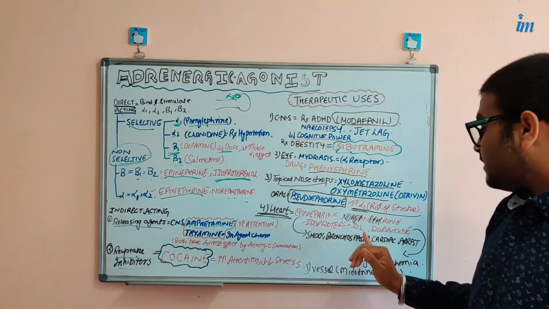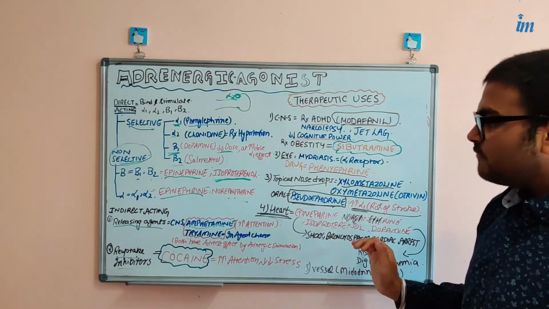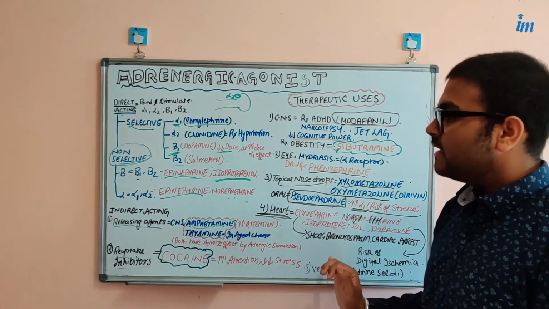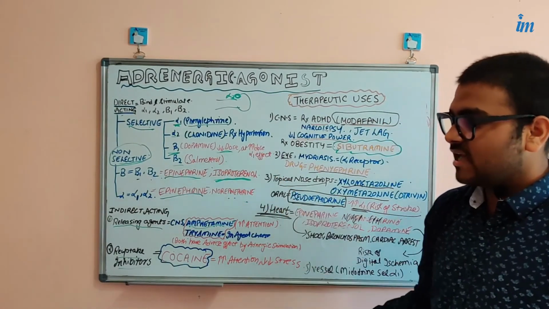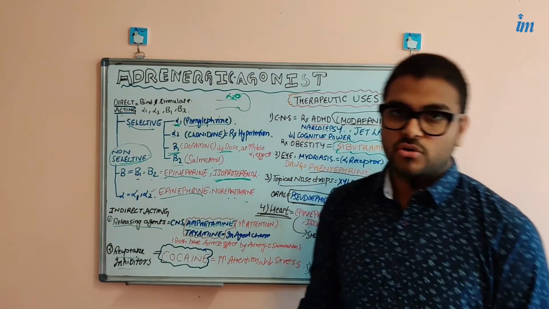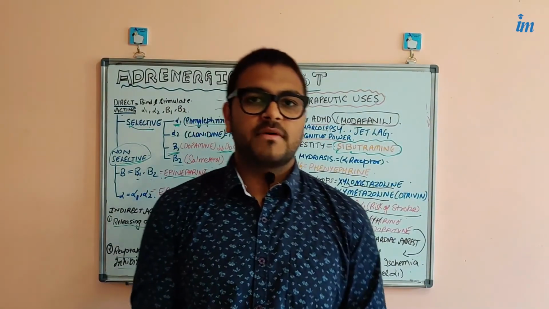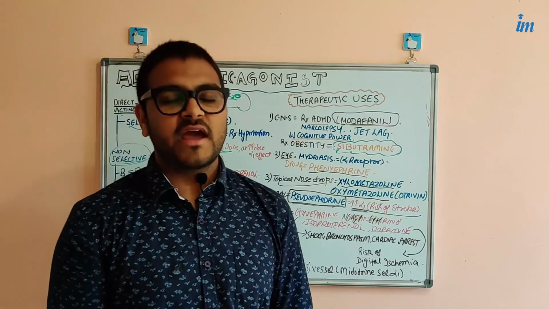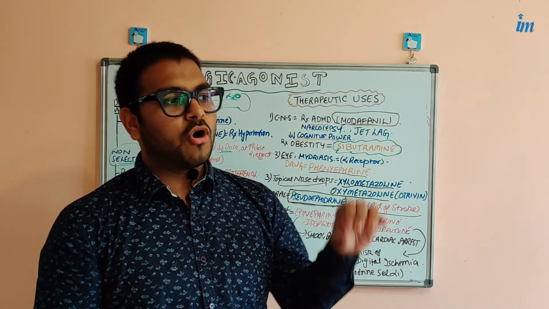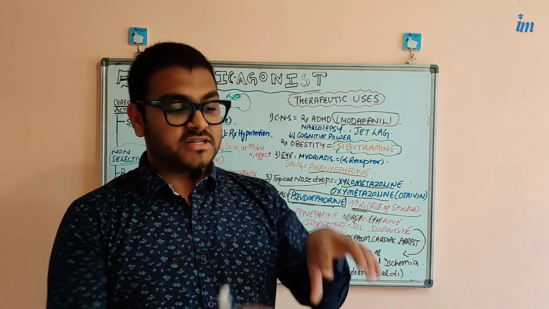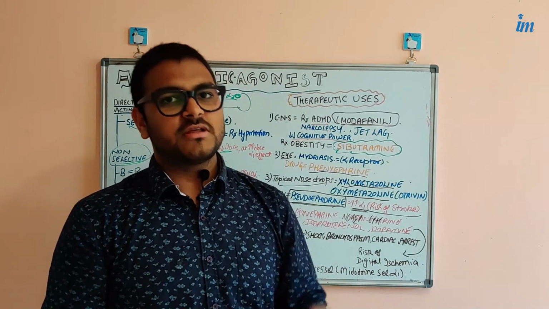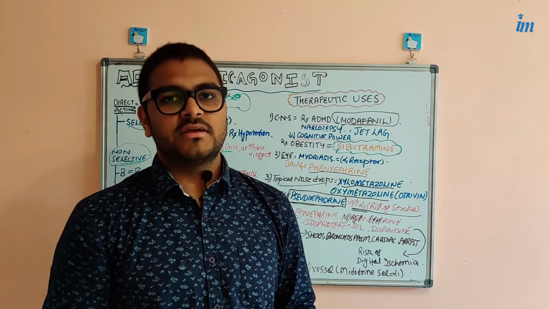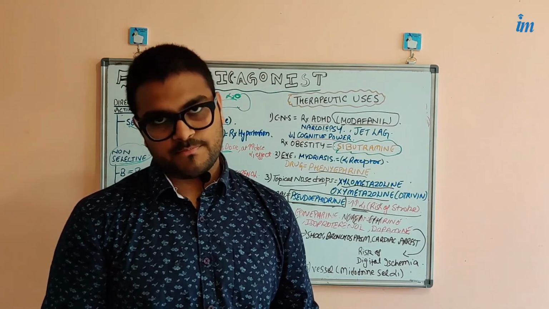Okay. Then we have dopamine also. I have already told you that dopamine has beta 1 activity at low doses, and at high doses it has alpha 1 activity. But you should remember, if you give the patient dopamine in very high doses, it will act on the alpha 1 receptors present in the blood vessels, and it can constrict the blood vessels so severely that it can produce ischemia.